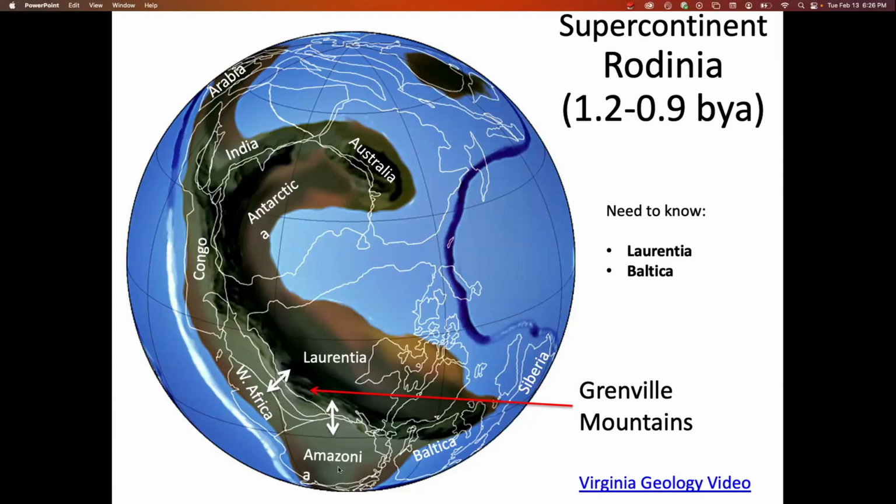So Rodinia comes together and then breaks apart. Then when those continents come back together, eventually they form Pangea, and then they break apart to where they are today. But what's going to happen in a couple 100 million years when they come back together? They'll form another supercontinent.